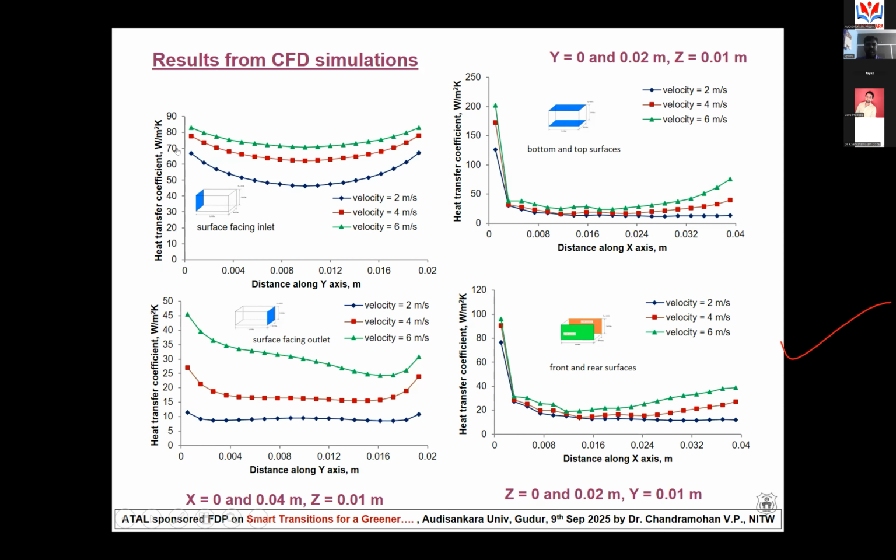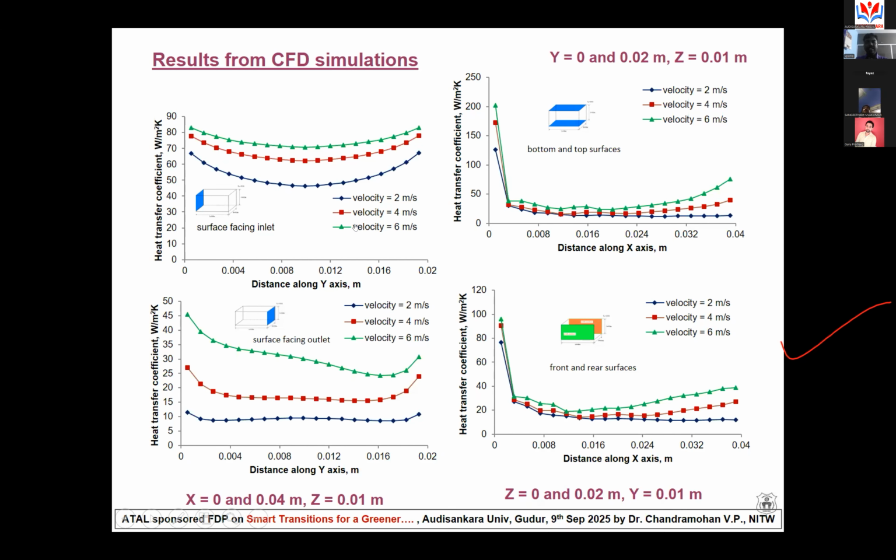So I plotted the heat transfer coefficient value with respect to the depth of the food product, 2 centimeter. At 2 meter per second, the values are from approximately 68 to almost 50 watt per meter square Kelvin. At 4 meter per second, it's almost 70 to 78 watt per meter square Kelvin. At 6 meter per second, the values are almost from 80 to 84 watt per meter square Kelvin.